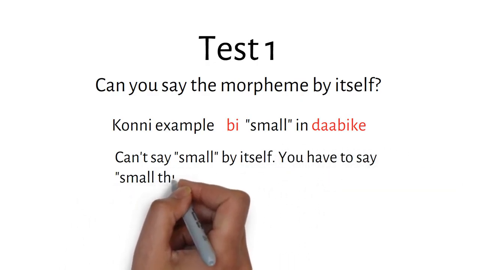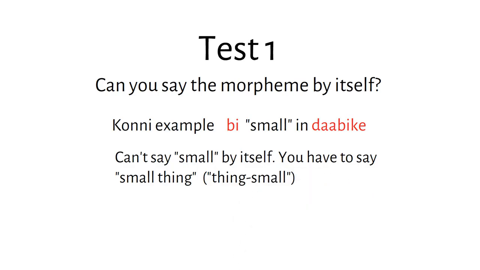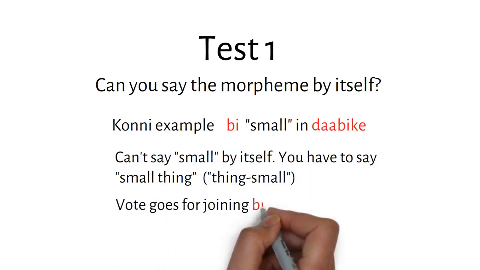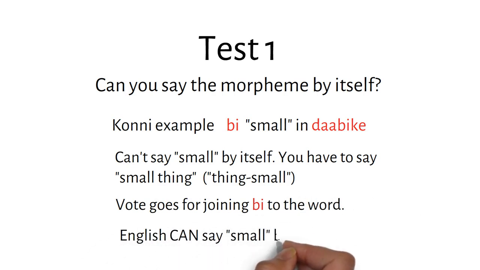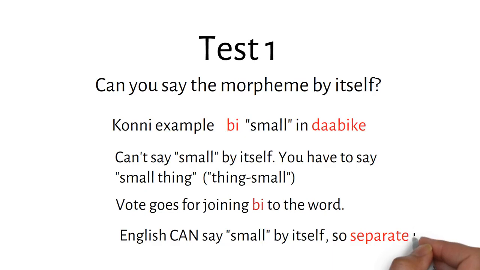They have to attach it to another word, like small thing or small stick. So the vote goes for joining the morpheme small to the root morpheme. In English, you can say small by itself, like if someone asks you, "Is your house big or small?" Small. So in English, the vote goes for separating small as a separate word.